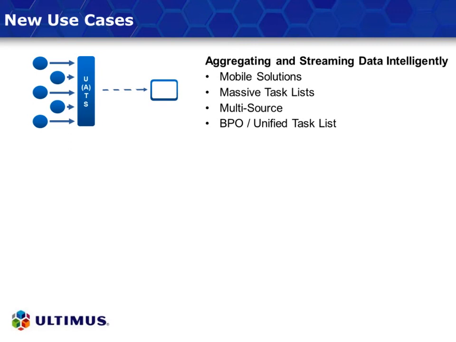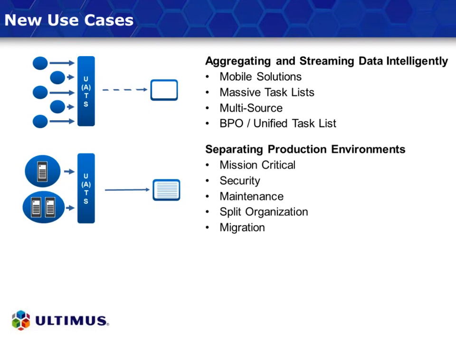Another area of use case is separating production environments. So if you have, for example, a mission-critical environment where you have a very important process running in a load balancing environment, for example, and then you also have standard processes running in your company, what you can do is you can separate these production environments and make sure that any maintenance work carried out on standard processes doesn't impact and cannot impact the mission-critical processes.